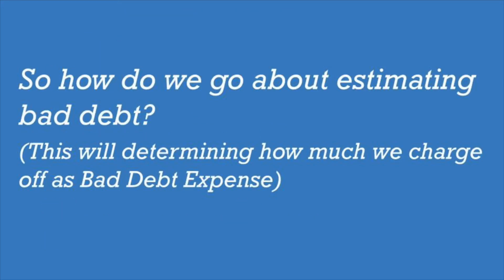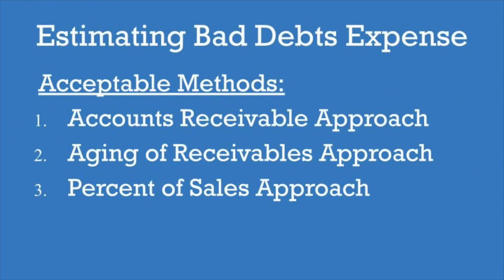So we estimated an allowance for doubtful accounts, $1,500 for this particular example. Where do we get that number? Well, whenever we estimate allowance for doubtful accounts, we need to come up with some method in order to estimate that. And generally, there are three methods.